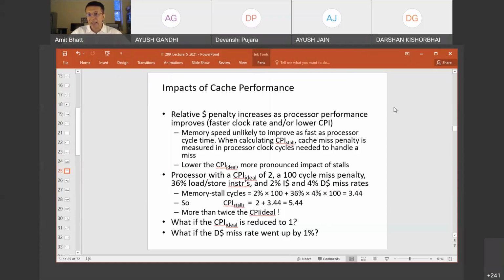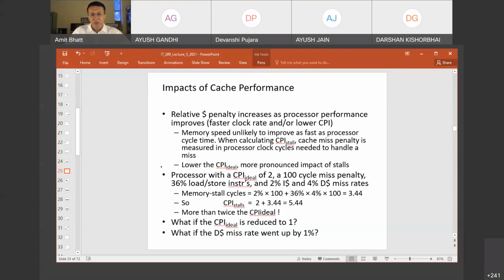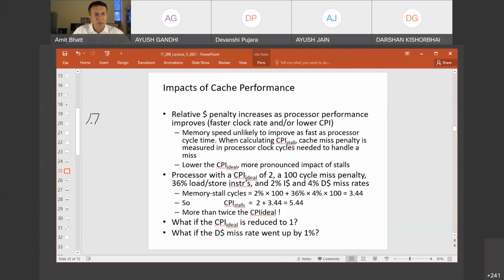You have your processor P over here, your instruction cache, your data cache, and there is just one level of cache, and after that it goes to main memory. You can design a processor like this.